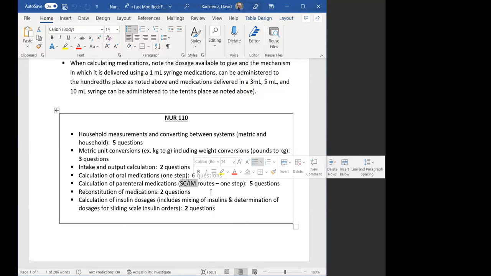So if it ever says to calculate what you would administer for intramuscular, then you know your answer is going to be in milliliters. You'll hear me say that when we go through some of the examples.